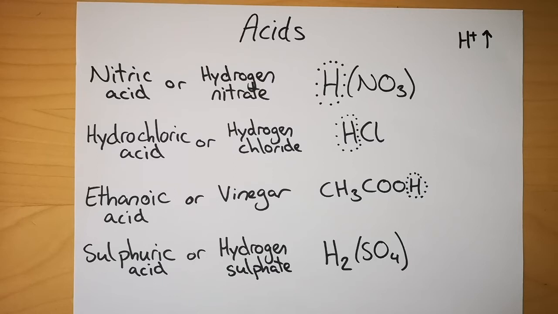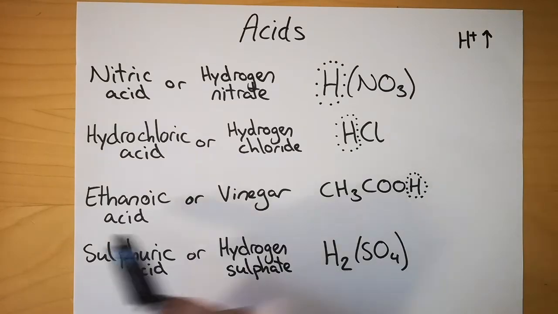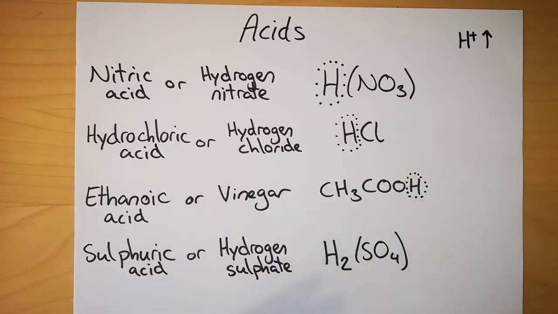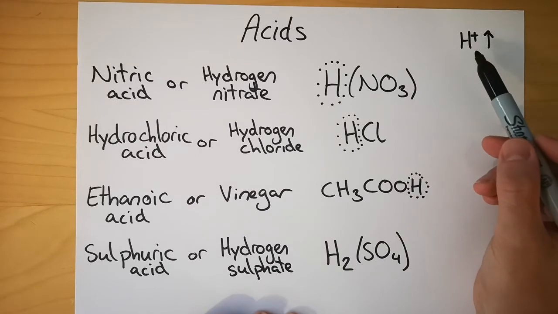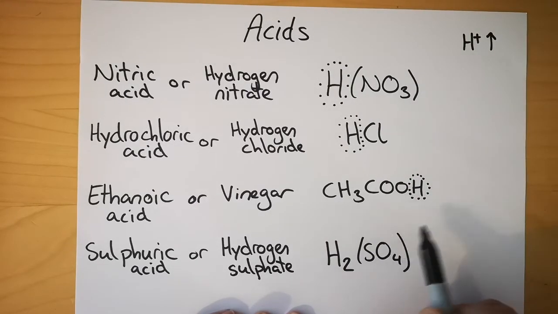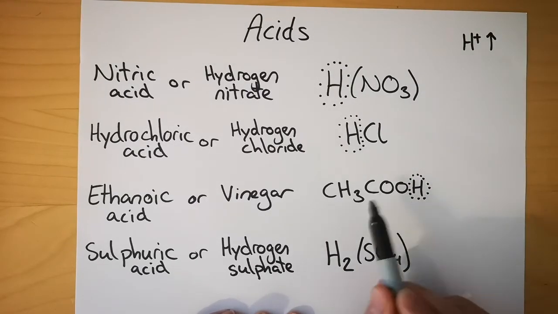Vinegar, or ethanoic acid, that's a little bit more complicated and a little bit trickier, and we will go into this. This is actually a weak acid, and we'll cover this in a lot of detail later on. These hydrogens are not involved in increasing the H positive ions. It's only the hydrogen that's attached to here.